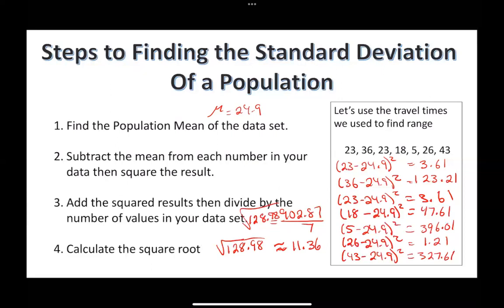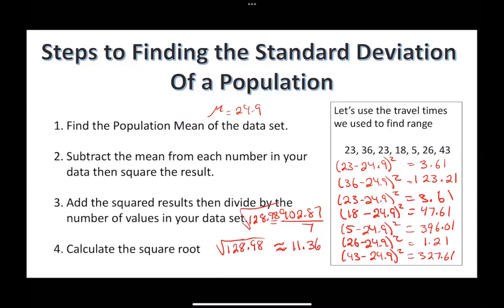Hoping my math's correct. So basically what the standard deviation tells us is that the average distance every value in our data set is from the mean is 11.36.